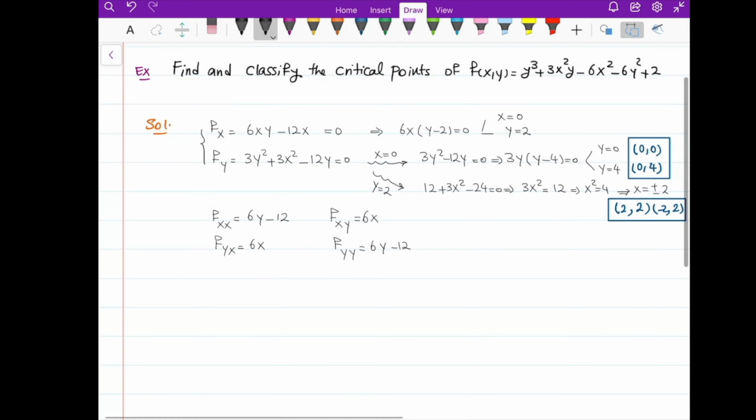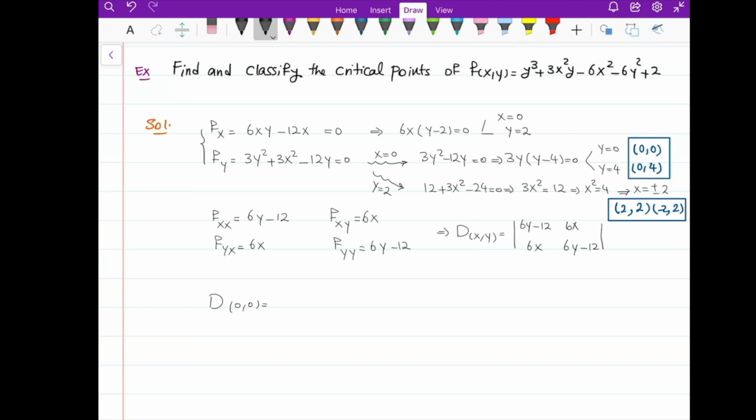Okay, then I'm gonna plug each of these points into the D, if you remember the formula for the D. So D at the point (0, 0), let me remind you the formula for D. D of x and y would be the determinant of fxx, which is 6y minus 12, fxy, 6x, fyx, and then fyy.